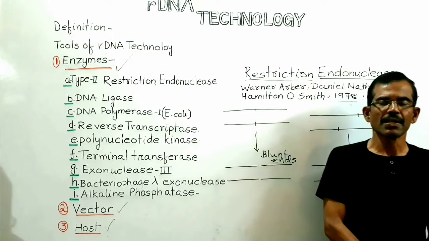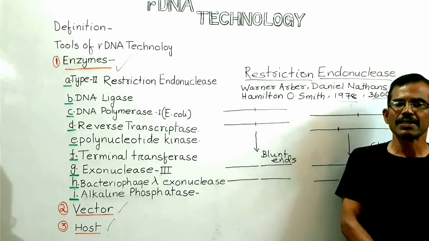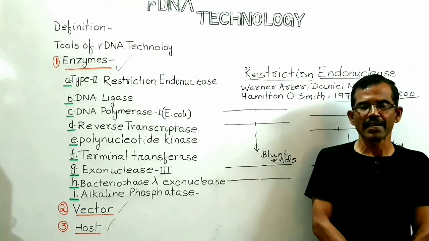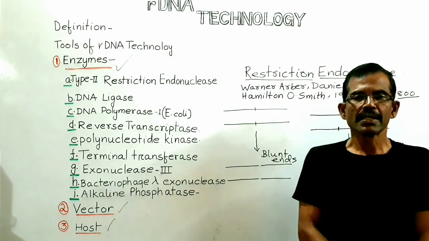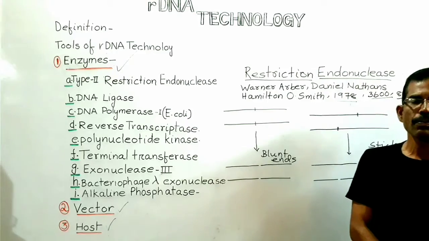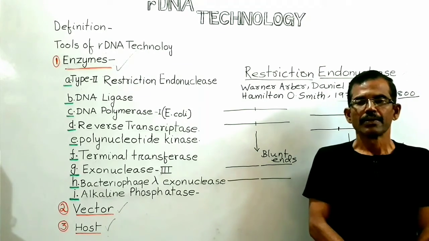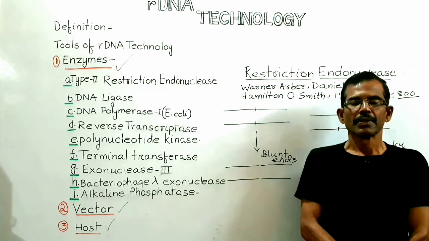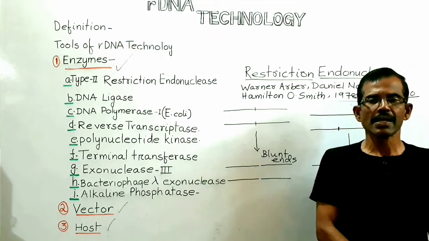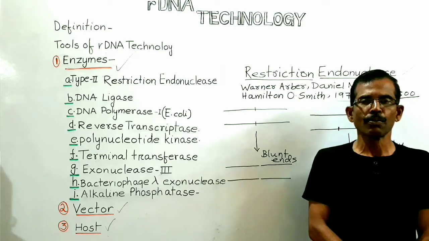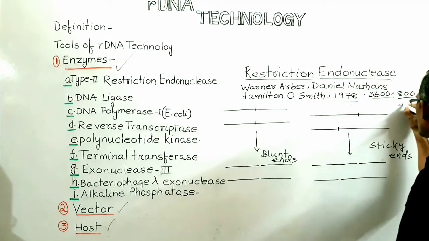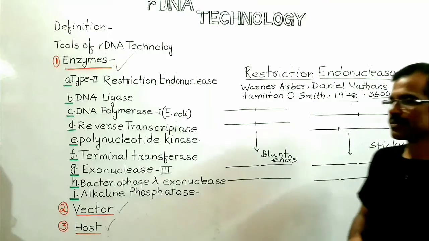The recognition site that is recognized by restriction endonuclease is known as restriction site. Type 2 restriction endonucleases recognize and cleave at the same site. They form homodimers. The recognition sequences are undivided and palindromic, containing 4 to 8 nucleotides.